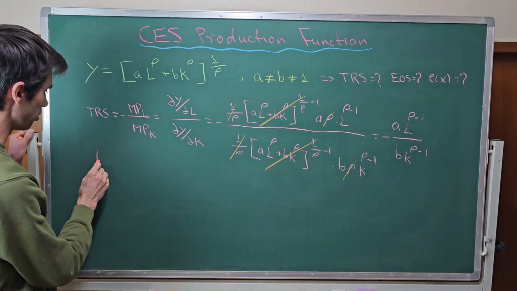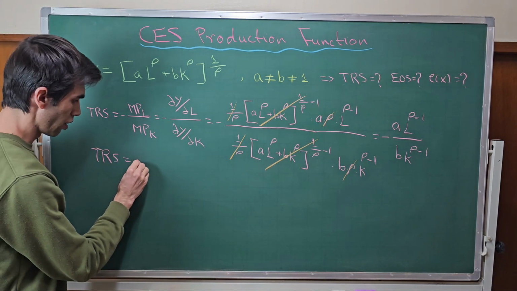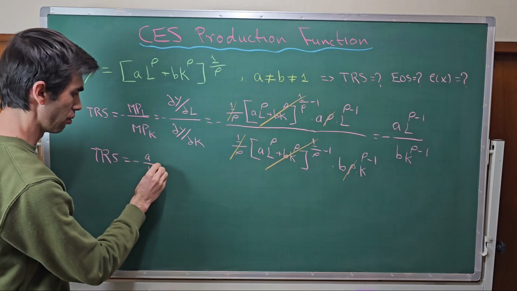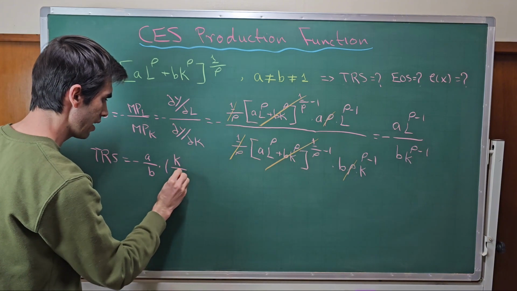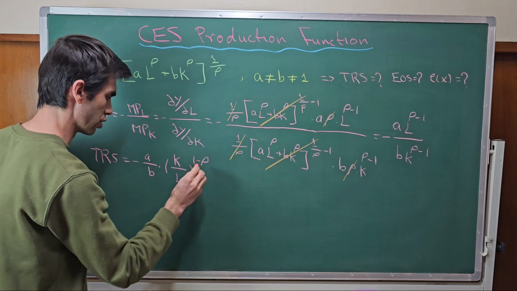Also, we can write the technical rate of substitution as equal to minus A over B multiplied by K divided by L to the power of 1 minus rho.